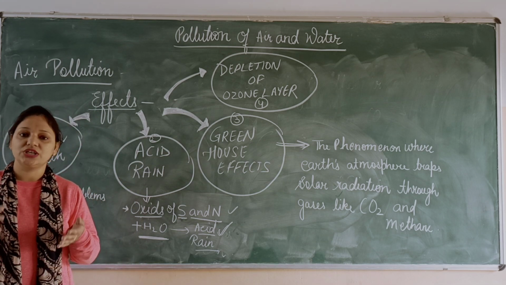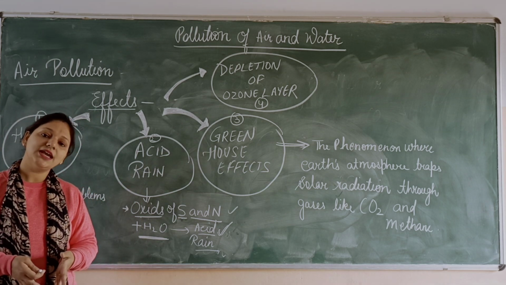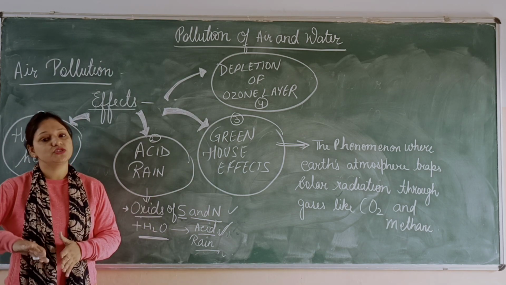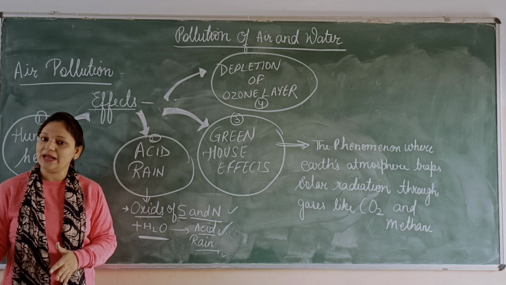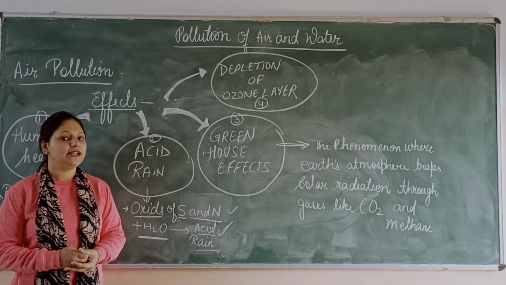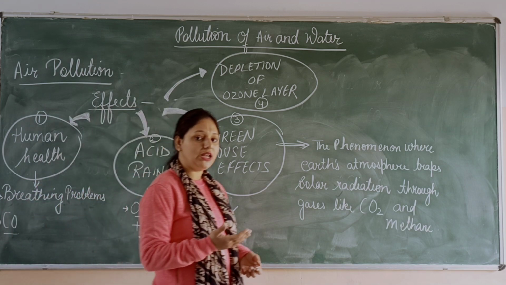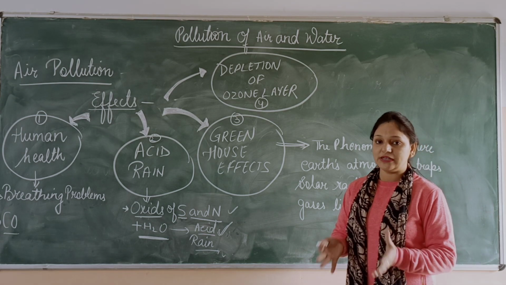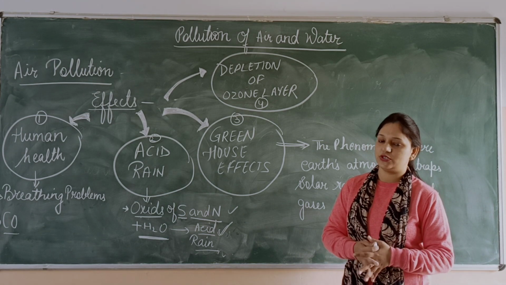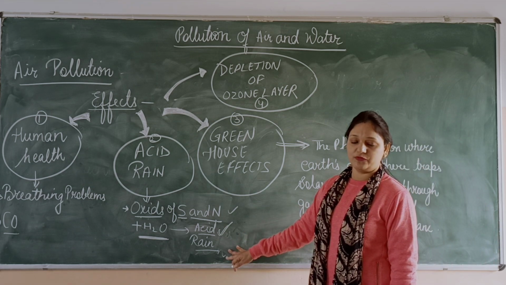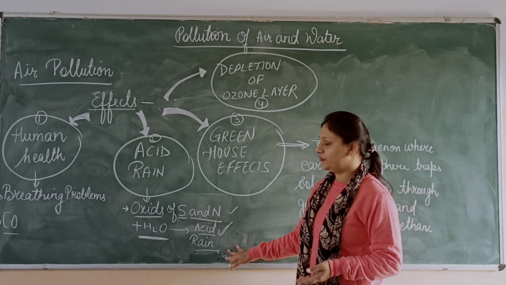All the living beings which live in water are known as aquatic organisms. Another thing, when this acid rain falls on soil, what will happen there? Again, it is acidic. It will change the pH of the soil and make the soil unfertile. Thirdly, if it falls on buildings or monuments, it will also start destroying them. So this acid rain is very harmful.